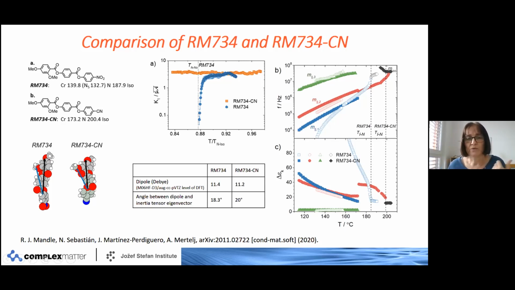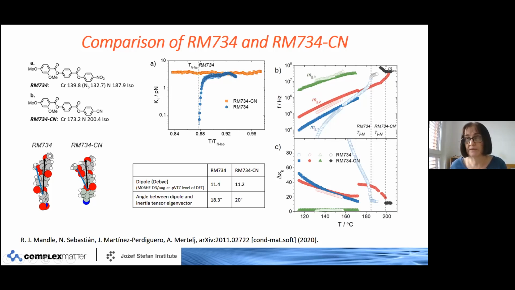So what we observed: the orientational splay elastic constant in the cyano material is also low for a nematic, but it does not have any strange temperature dependence.